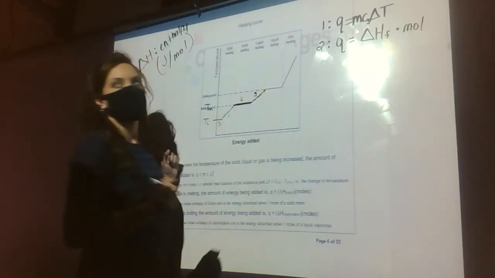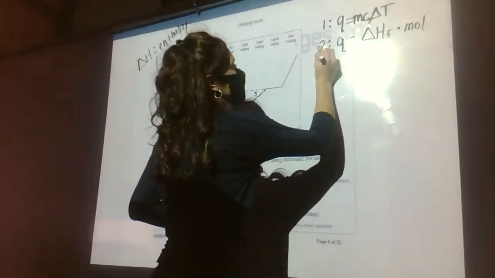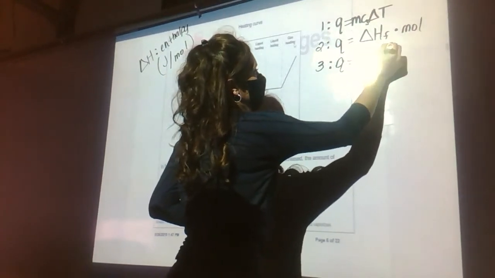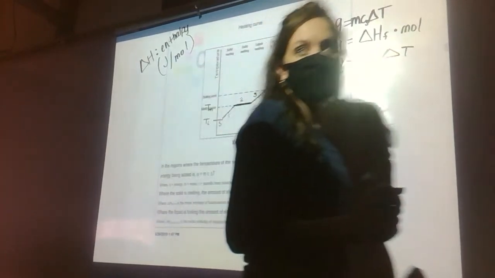That's section 3. As long as it's all liquid, we can have a temperature change. If we have a temperature change, we can calculate the energy as Q equals mc delta T. But this time it's the specific heat of the liquid.